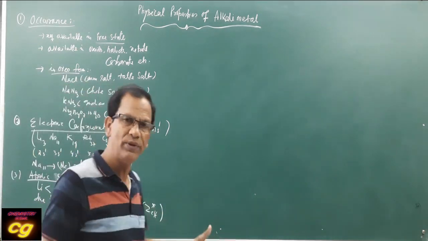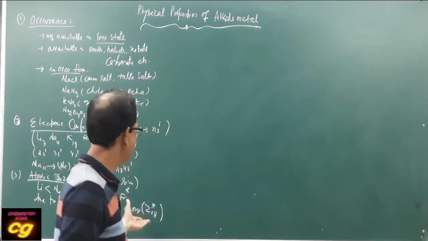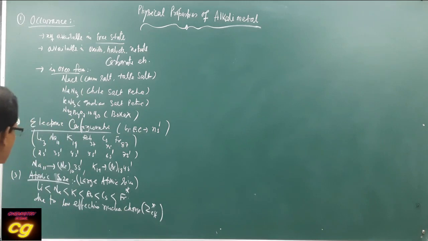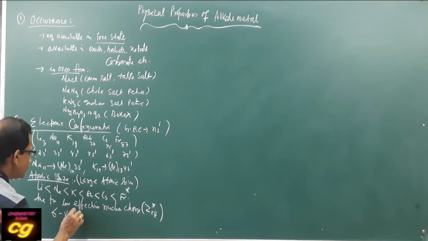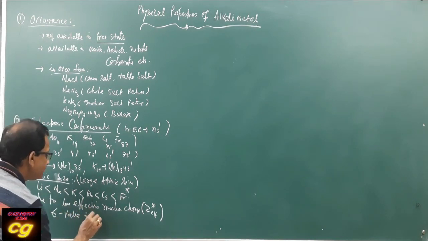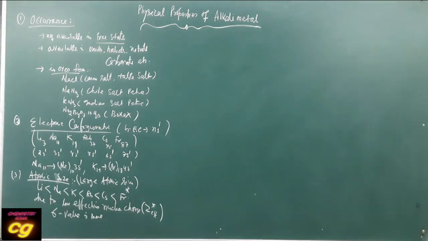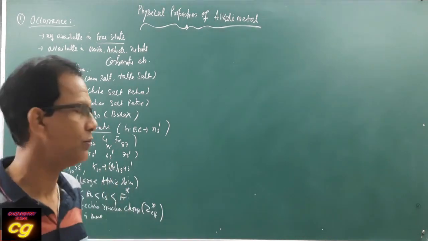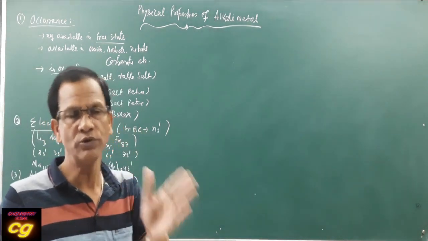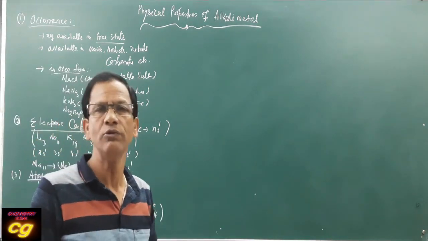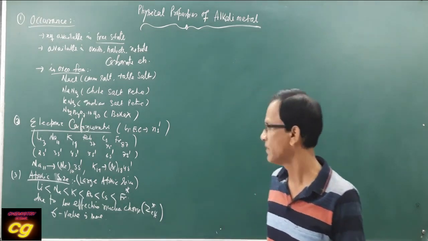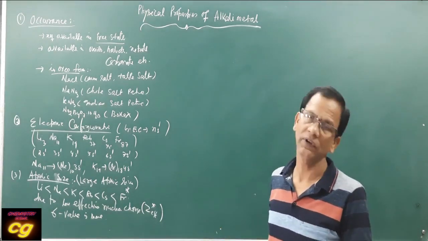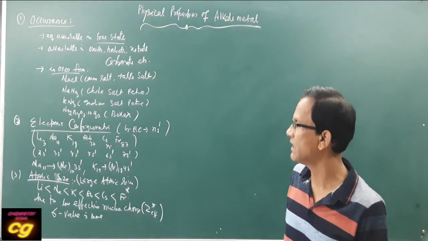The screening effect is more, the sigma value, that is the shielding constant, is high, because the inner shells oppose the attraction between the nucleus and the outermost electron. That's why they have large size.